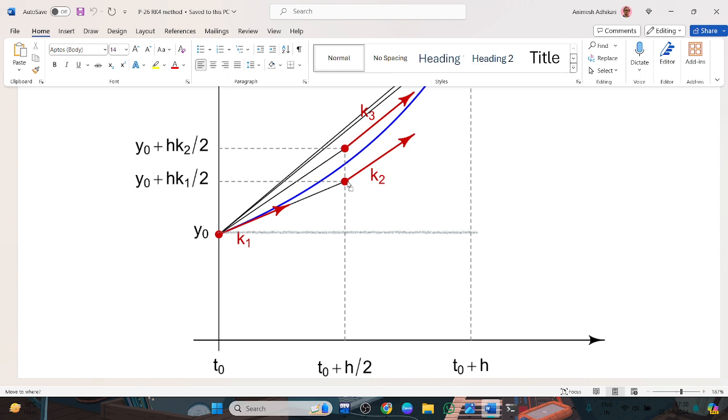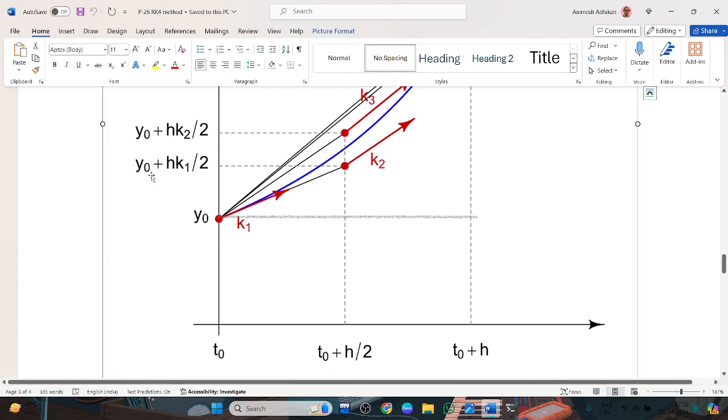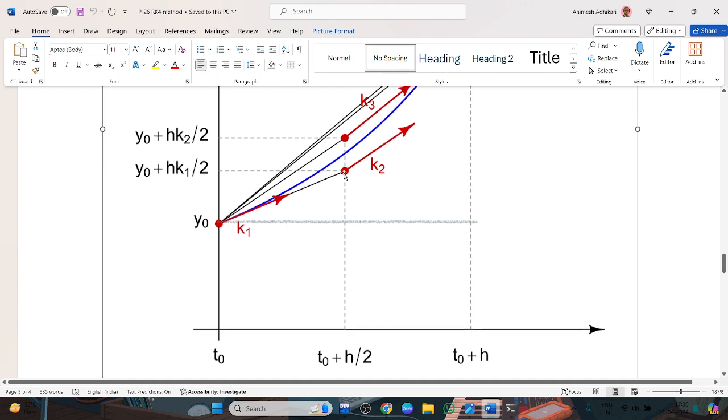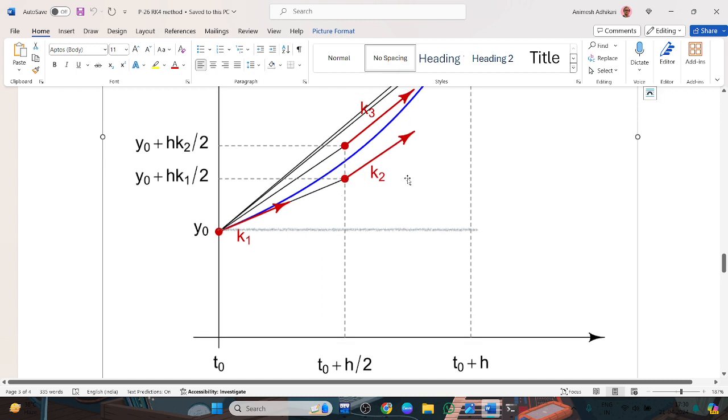So actually this point is t plus h by 2, and the value of y is y0 plus h k1 by 2. So at this point, this is the Euler's approximation at t plus h by 2, and the slope here is k2. K2 is the slope at this point for t plus h by 2.